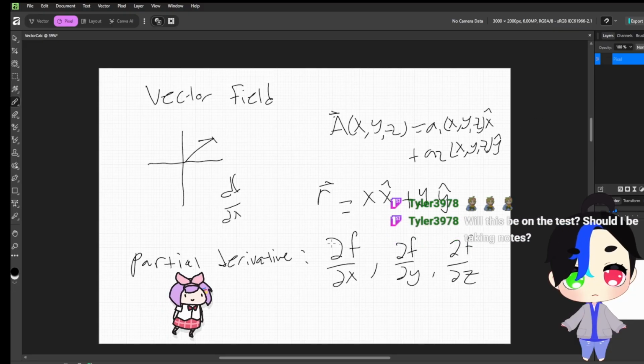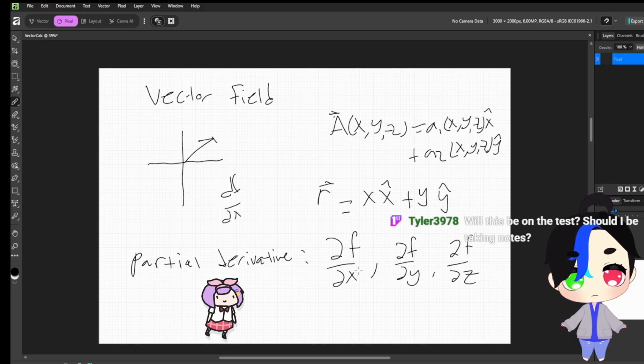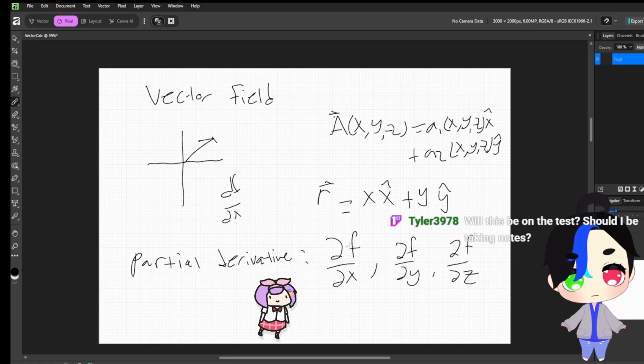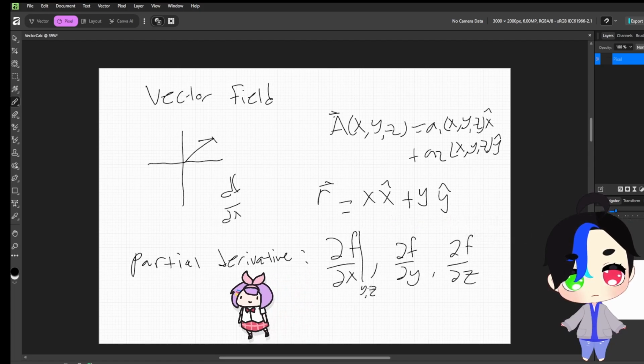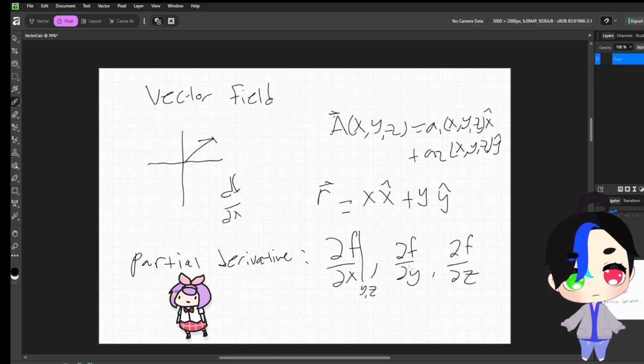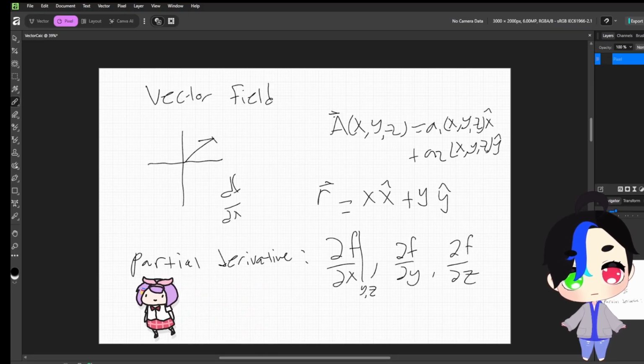What that means is you take the derivative of f with respect to x. So you take the change of your function over a change in the x variable, but you keep the other variables constant. So y and z are held fixed as you just pretend that they're numbers. Same with y, and same with z.